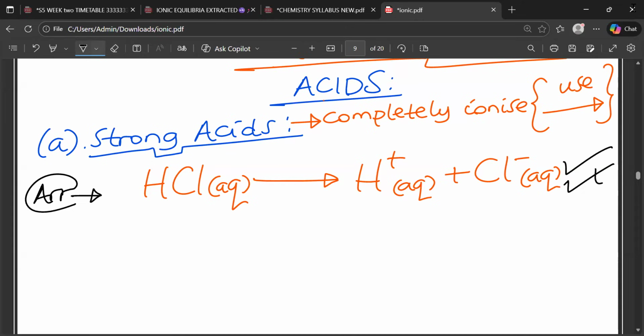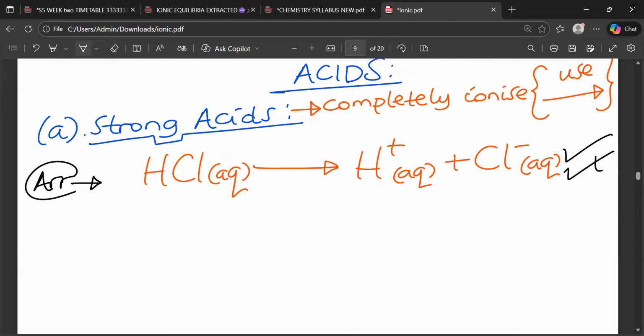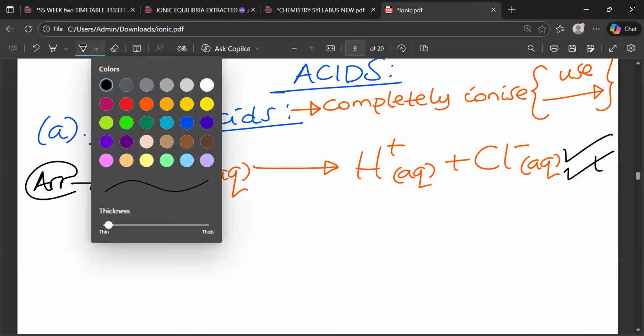Then Bronsted Lowry, I'll put BL. That is Arrhenius. Now there is another option. I want you to listen carefully. Who knows the structure of water?